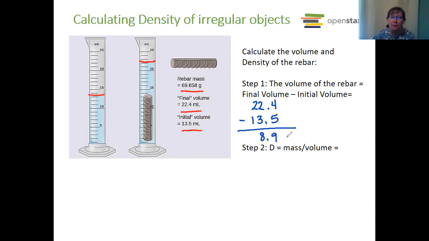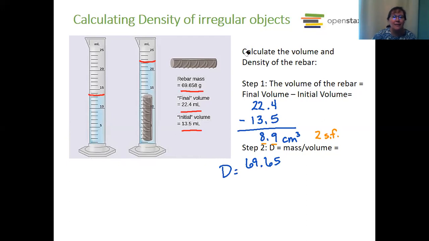So this needs to be reported as 8.9 centimeters cubed. Now we need to stop and think for a minute. This has 2 significant figures, and that's going to be important for our answer. Now it says calculate density as mass divided by volume. So our density is going to be equal to our rebar mass, 69.95.